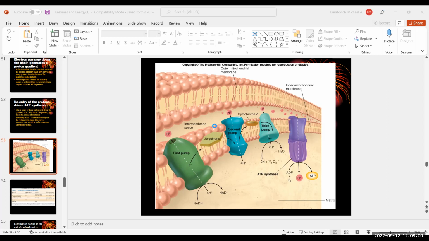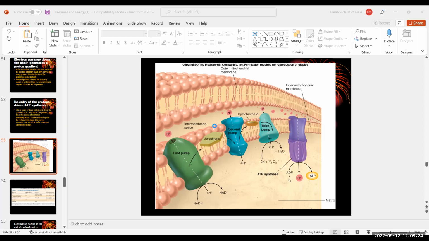Oxaloacetate is used to make aspartate, and then aspartate is used to make these other amino acids as well, including asparagine. Succinyl coenzyme A, which is not on here, is used to make heme groups and what have you.